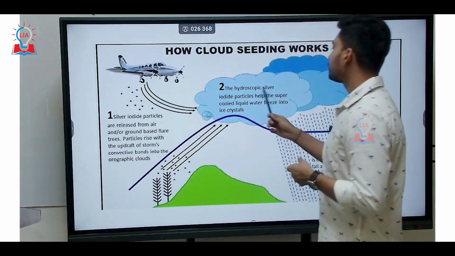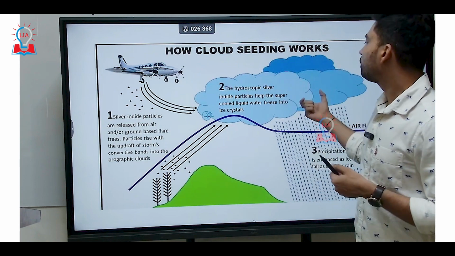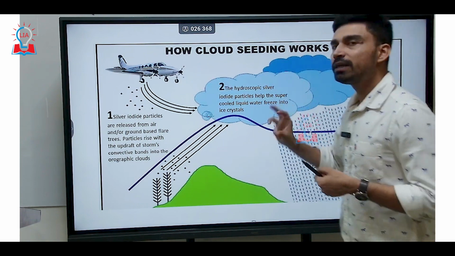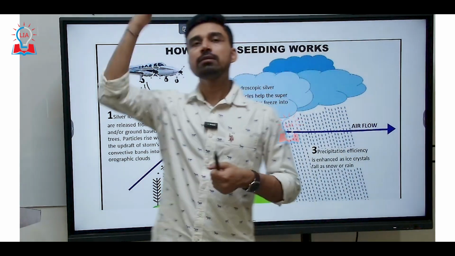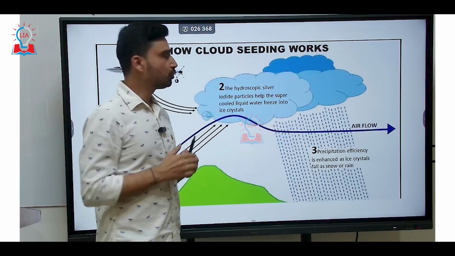In the second stage, the hygroscopic nuclei, in this case the silver iodide particles, help the supercooled liquid water freeze into ice crystals at a certain height in the atmosphere where the temperature decreases to less than 0 degrees Celsius.